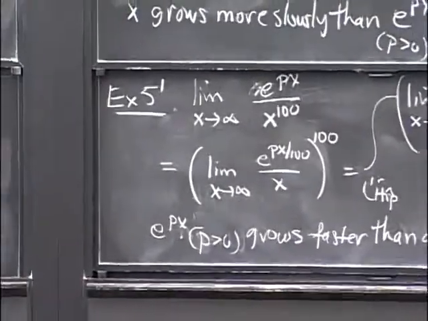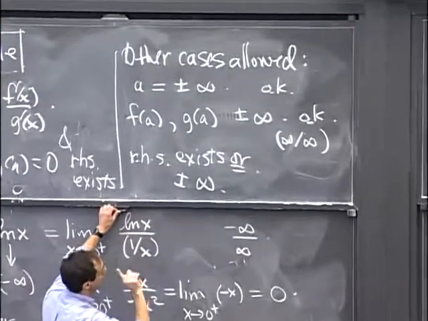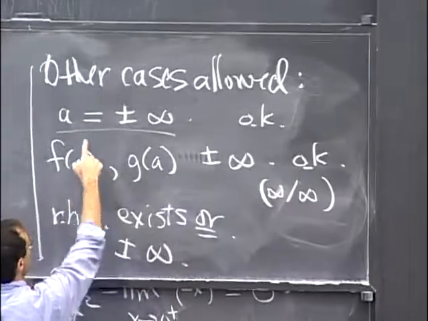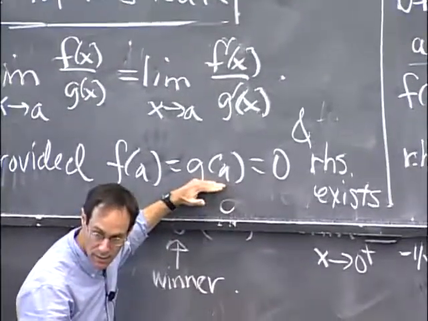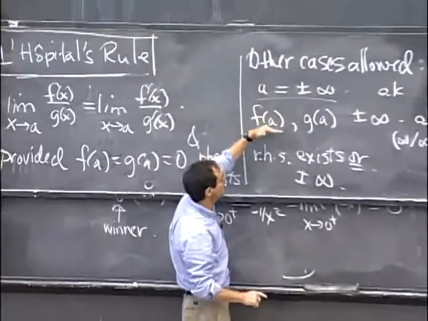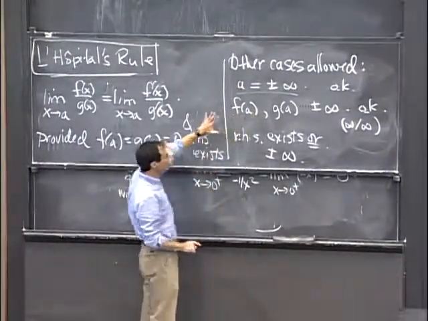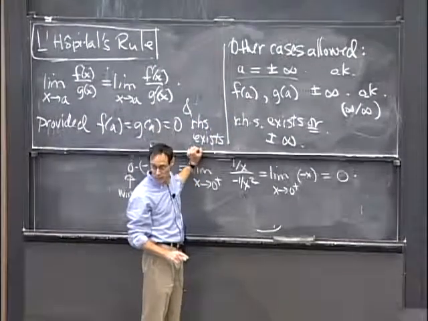So I said that, and I think what you were asking is, if I have this hypothesis, can I also have this hypothesis? That's okay. I can have this hypothesis combined with this one. I need something about f of a and g of a. I can't assume nothing about f of a and g of a.